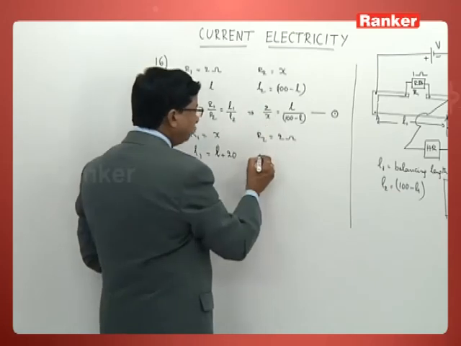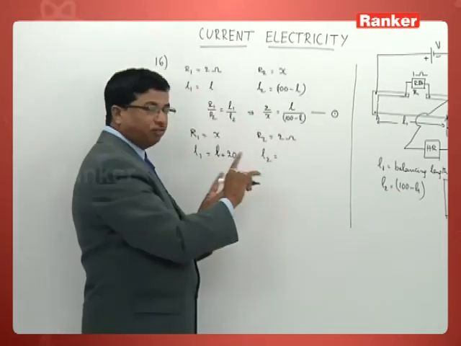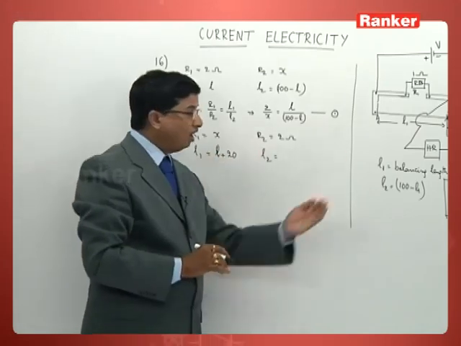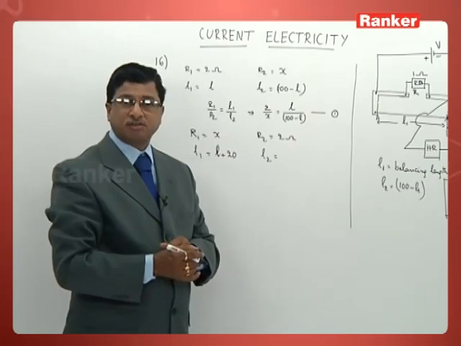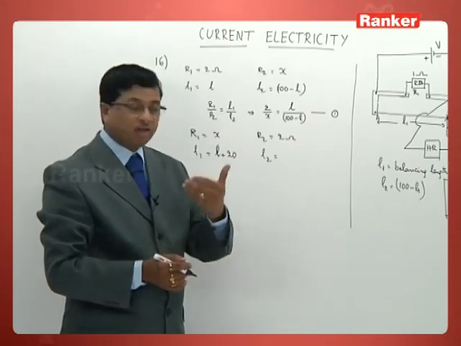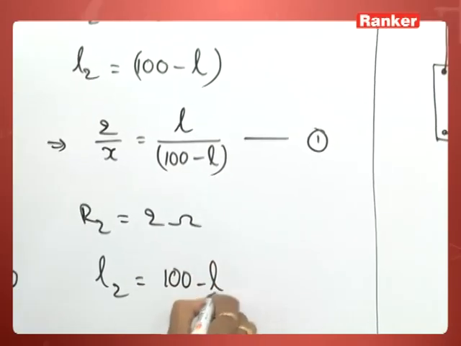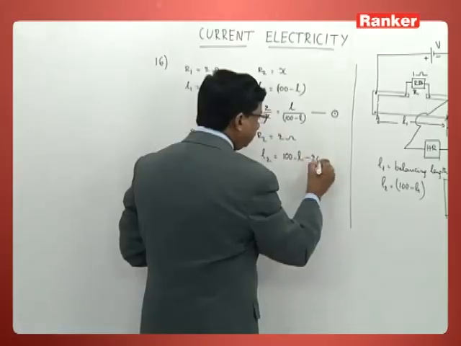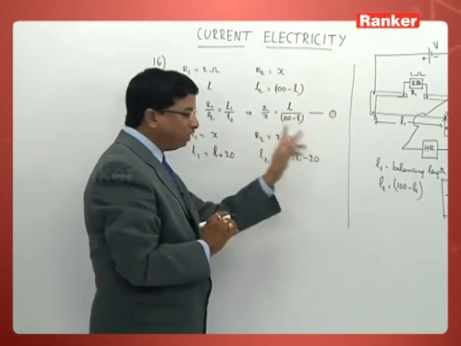Then what happens to this L2 part? Here it is 20 centimeters increasing, means on the other side it decreases by 20 centimeters. So what we can write now? You can write this one 100 minus L minus 20. This value minus 20.